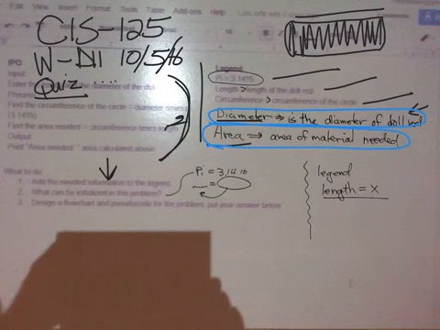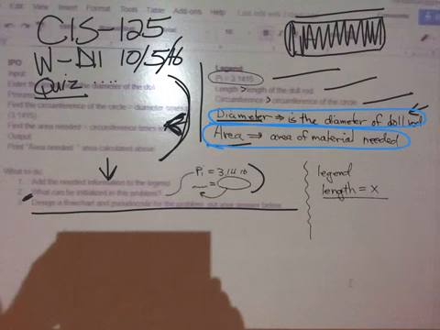Okay, all the information in terms of the IPO. And then down here, we want to know what could be used as initialization. Pi was probably the most common thing to do that. Then they were to design pseudocode. Some people, you can't mix these up. They said length was equal to x in the legend.